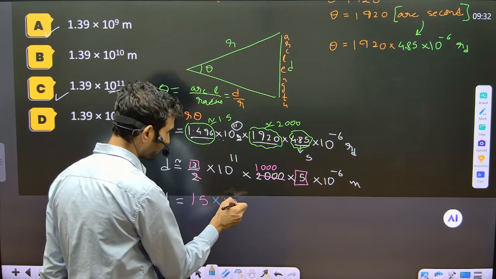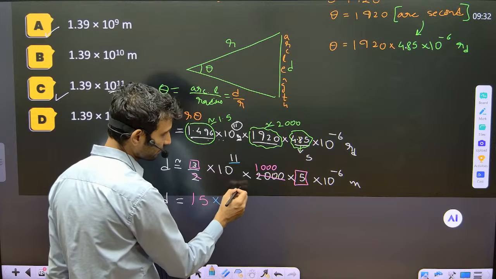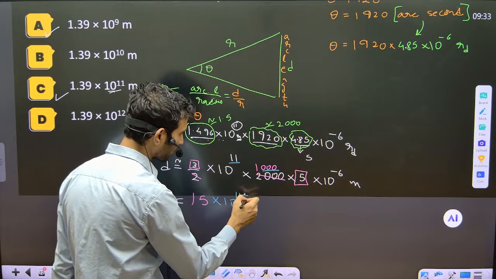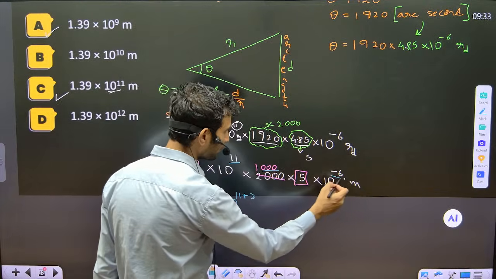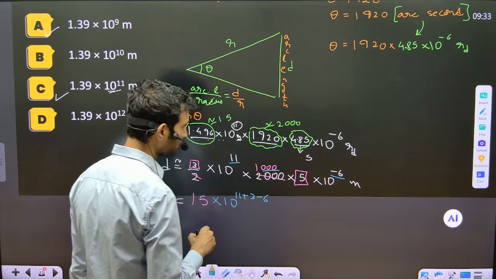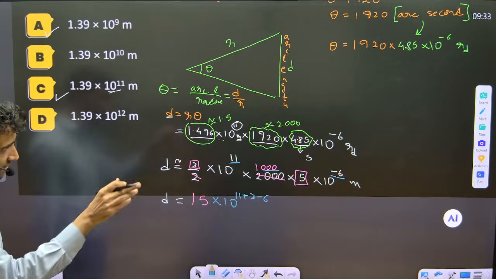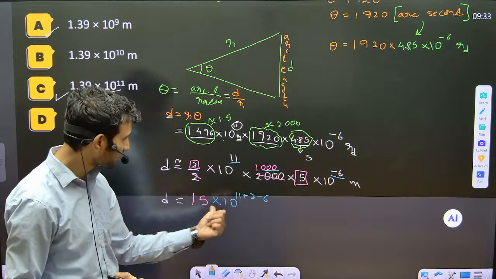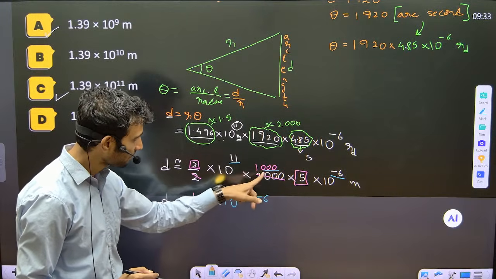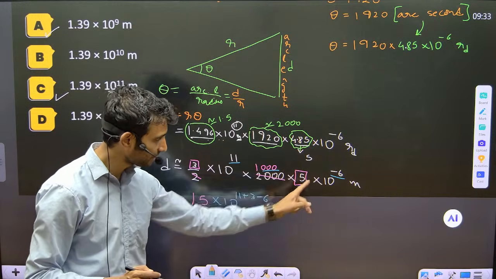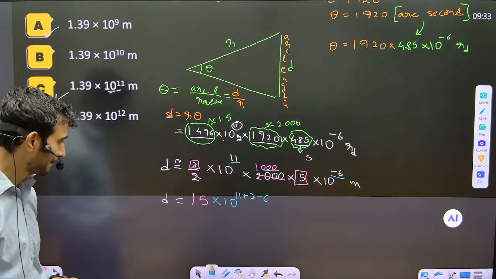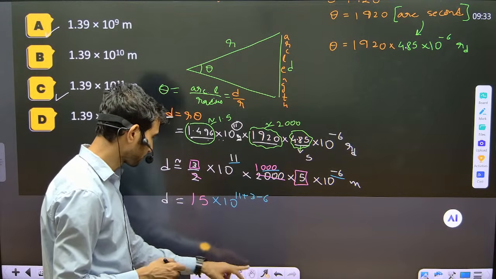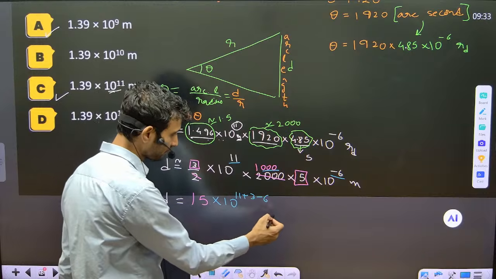Into 10 raised to the power 11, 10 raised to the power 3, 10 raised to the power minus 6. Everything's taken into account. 3 and 5 become 15. 10 to the power 11 plus 3 minus 6. Everything's written, guys. And the unit, of course, will be meter.